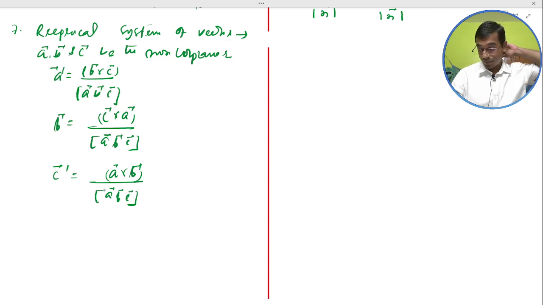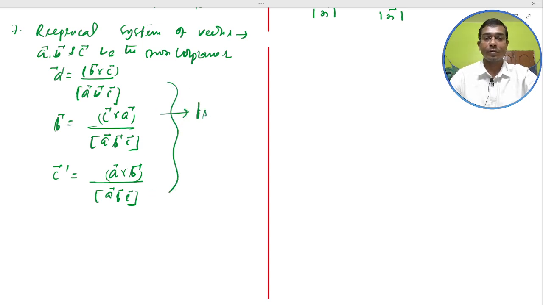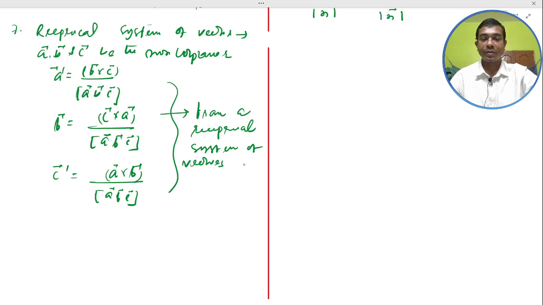This forms a reciprocal system of vectors for A, B and C.